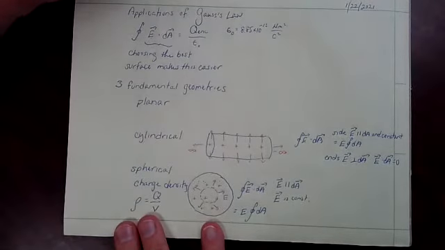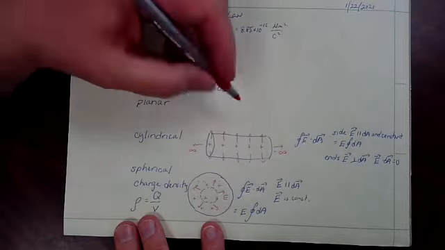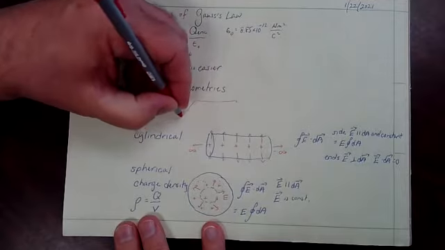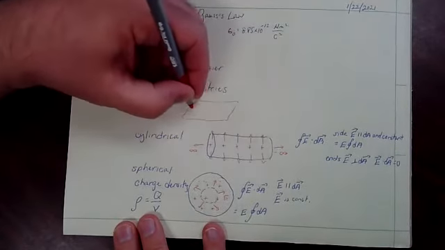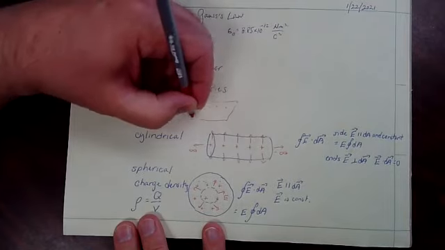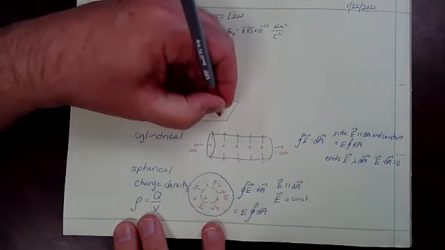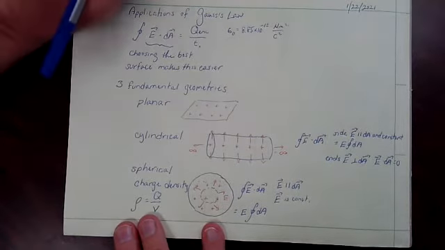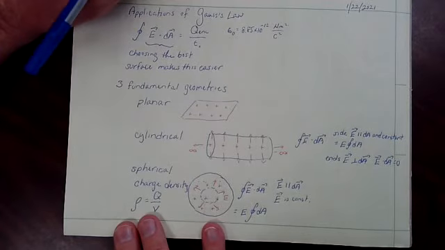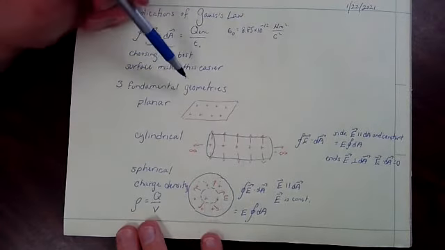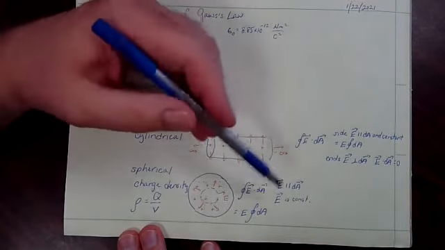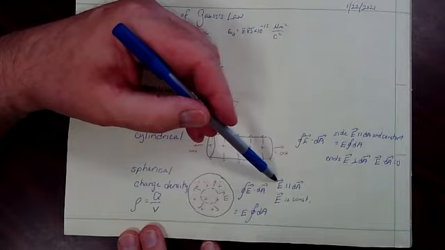And then finally, for a planar geometry, I'm going to attempt to draw a sheet of charge. So the end game for applying Gauss's law is to figure out how the electric field is going to change.